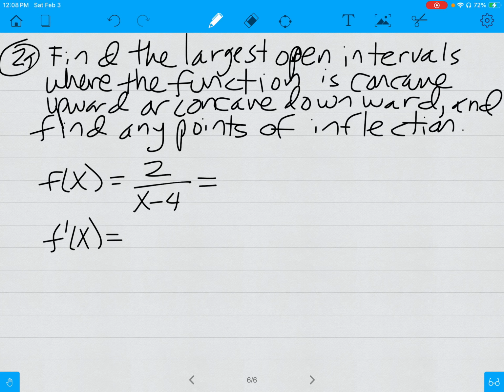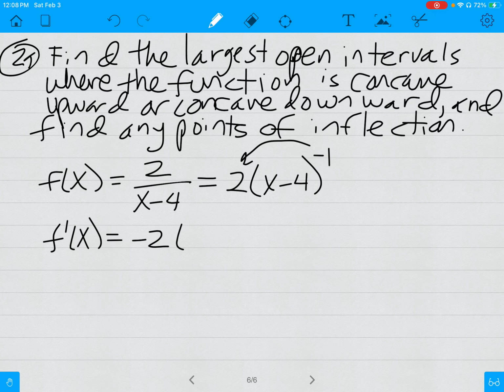Rather than 2 over x minus 4, I'm going to write it as 2 times x minus 4 to the negative 1, just because that's actually going to make it a little bit easier for us to find the derivatives in that form.